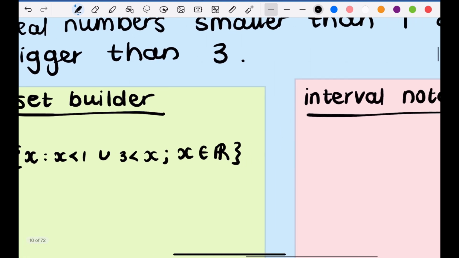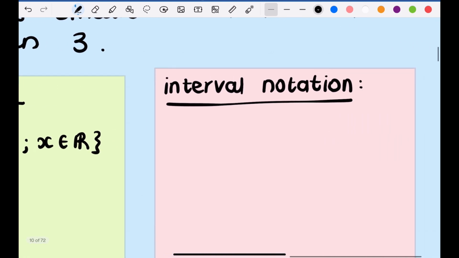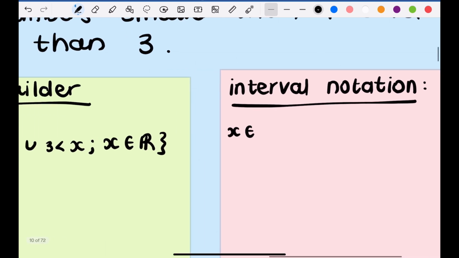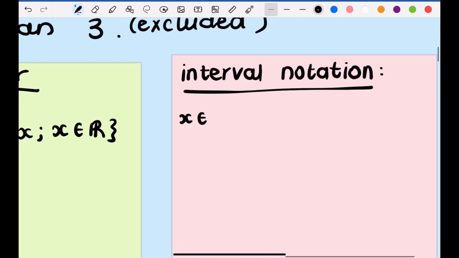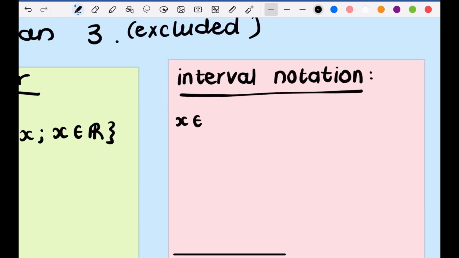Okay, then for interval notation, the way you're going to write this is you're going to say x is an element of. Okay, I don't think I said included or excluded. Let's just say excluded for now. That's kind of how I did it for set builder. So we say, okay, it's going to be from negative infinity up to 1, and then it's going to jump and go from 3 to positive infinity.